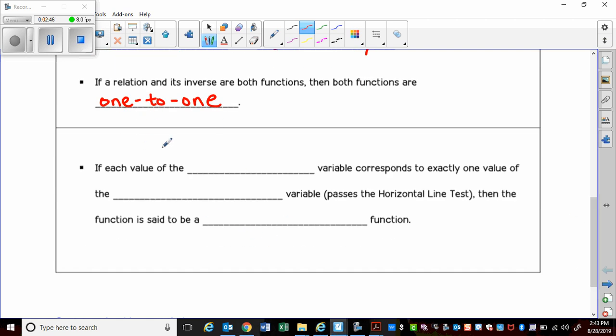If each value of the dependent variable corresponds to exactly one value of the independent variable, so if it passes the horizontal line test, then the function is said to be a one-to-one function. That's kind of what I just said.